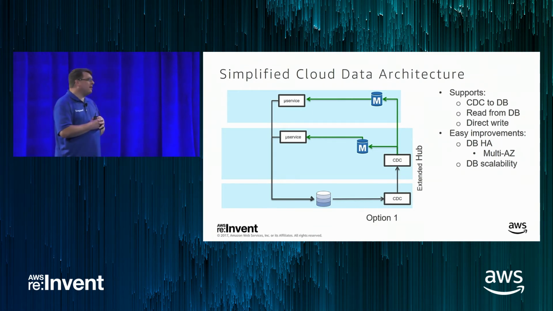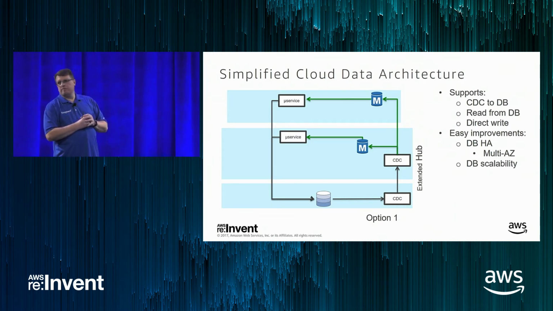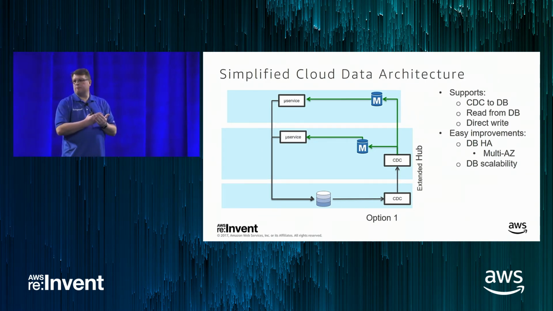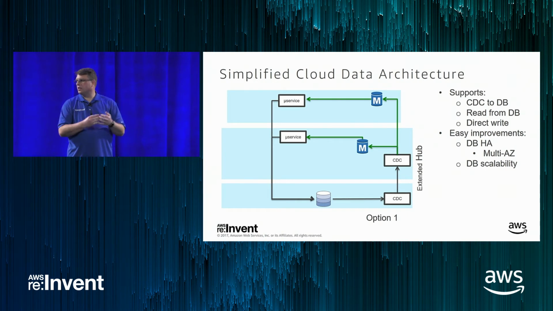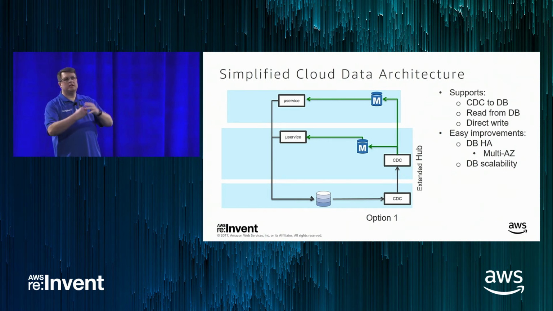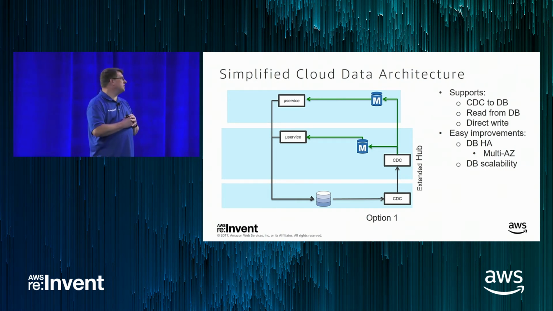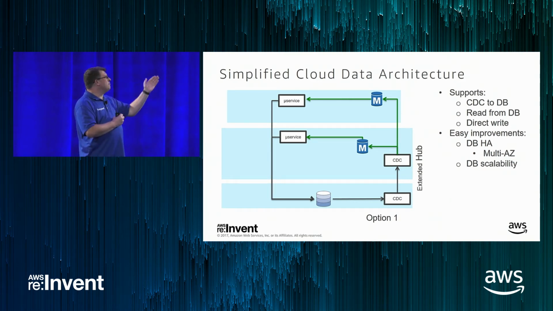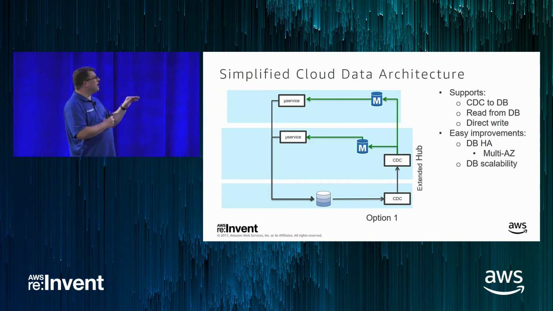A change data capture process, if you're not familiar with that, is basically something that reads the database transaction logs and then makes those changes into another database or another system. So the CDC would pick those changes up, move them to the cloud-based part of the extended hub, where they would be written into the 2 databases.